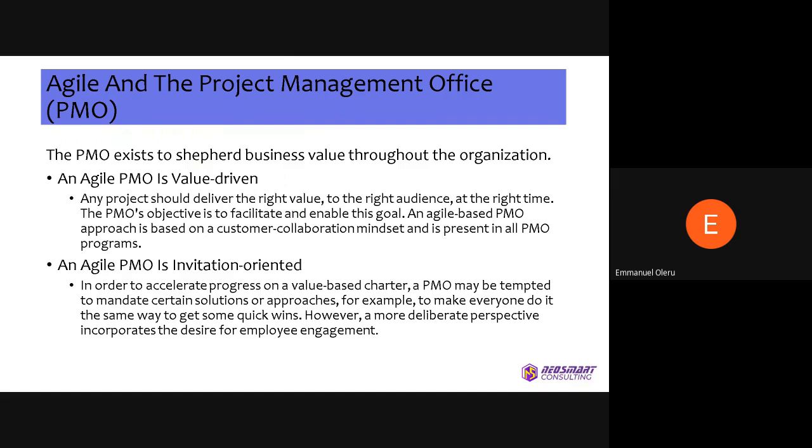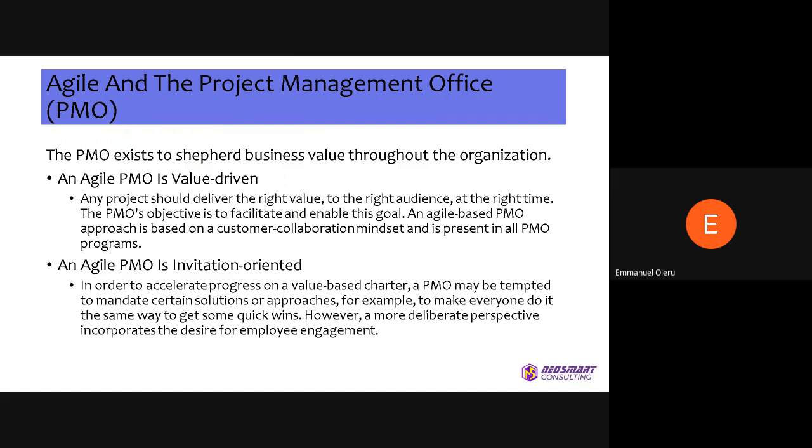An agile-based project management or PMO approach is based on a customer collaboration mindset, and that is present in the programs. An agile PMO is invitation oriented. So, in order to accelerate progress on a value-based charter, a PMO may be tempted to mandate certain solutions or approaches, for example, to make everyone do it the same way to get some quick wins.